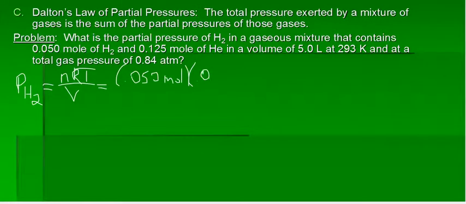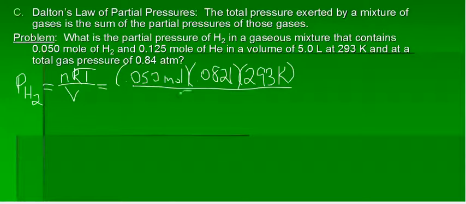R is 0.0821. Temperature is 293. And the volume is 5. So the partial pressure of hydrogen is 0.24 atmospheres. That's one way to solve this problem.